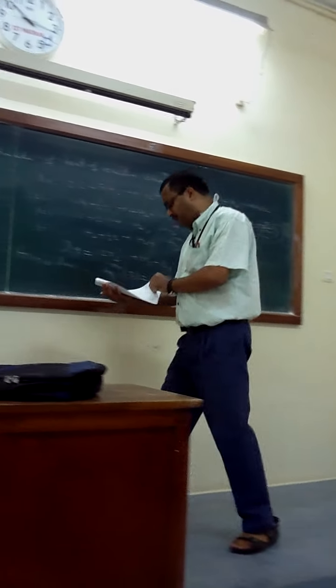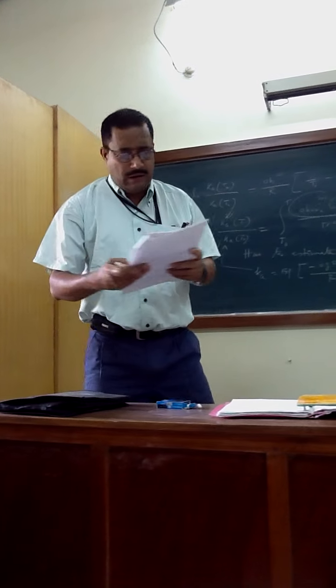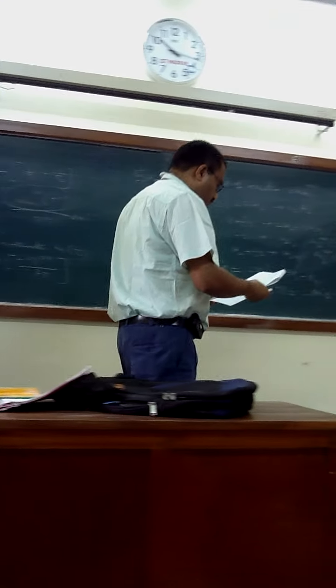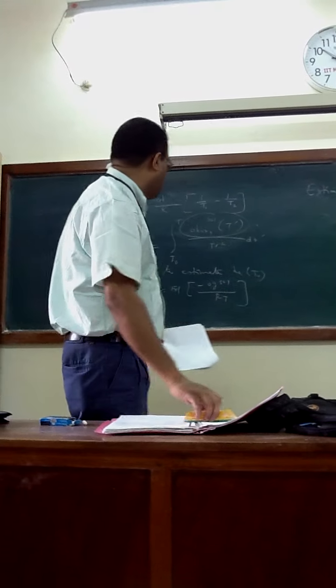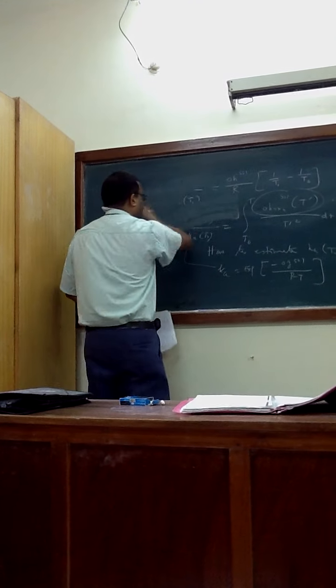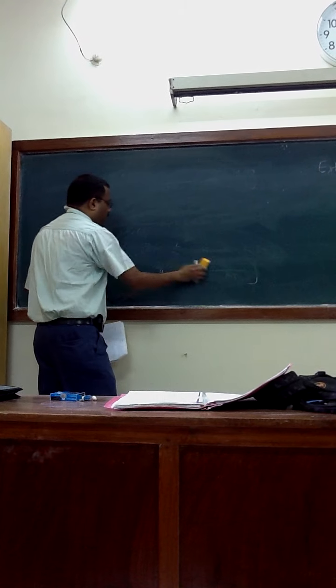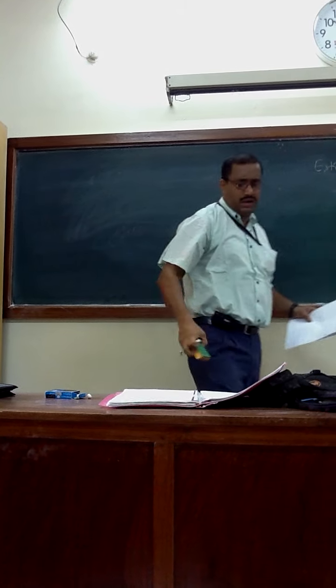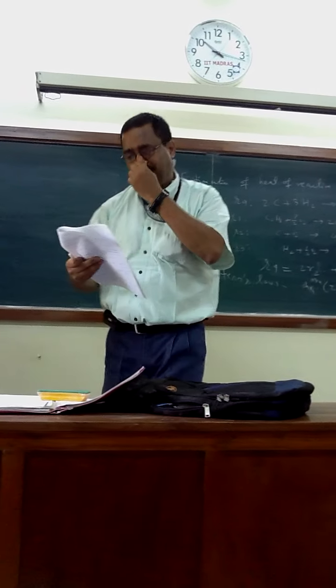Okay, so we have learned Hess's law, and one thing we can find out from here, if we do further calculations, is the Hess's law and heat of formation. It is not a heat of formation here. This could be heat of formation. This could be heat of combustion reaction.